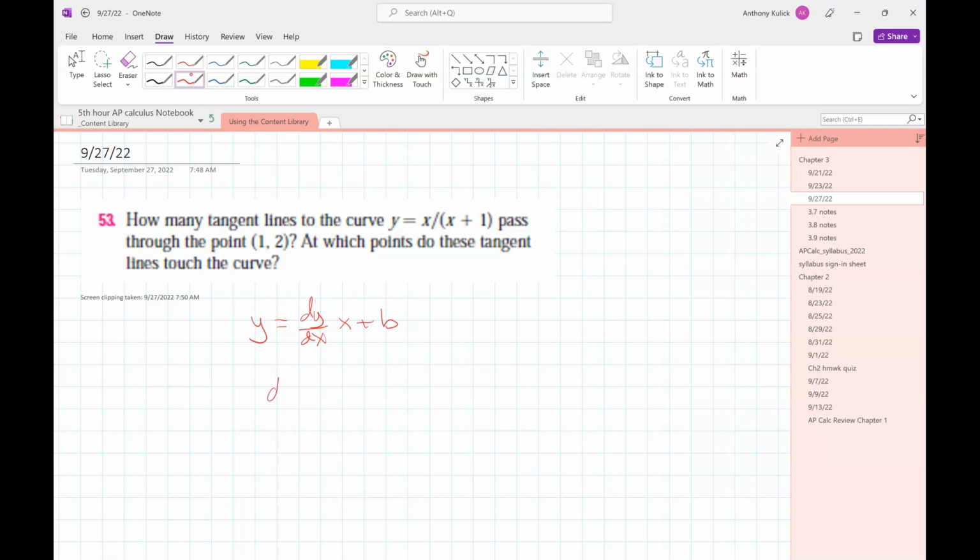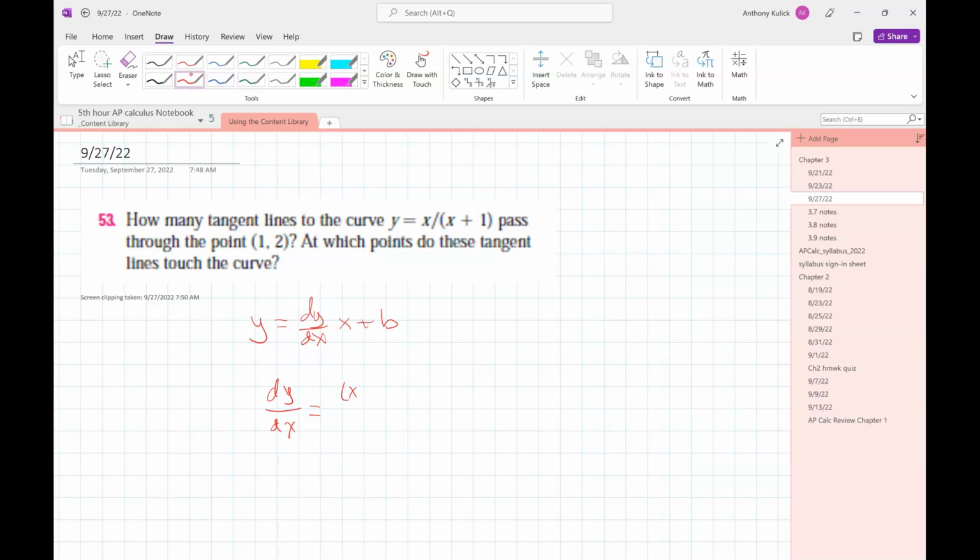Now, to calculate that dy/dx, I need to use the quotient rule, right? Since that's a quotient, there's no other way to go about doing that.